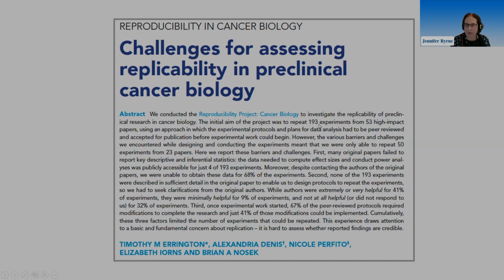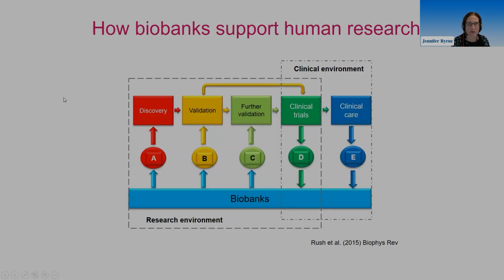They originally aimed to reproduce 193 experiments from 53 high impact factor papers, and eventually, due to logistical challenges, they could only attempt to repeat 50 experiments from 23 papers, and they had all sorts of issues doing so. So we certainly have a lot of challenges in terms of reproducing the literature, and that, of course, I think is a challenging situation in terms of trying to translate preclinical research to clinical care.